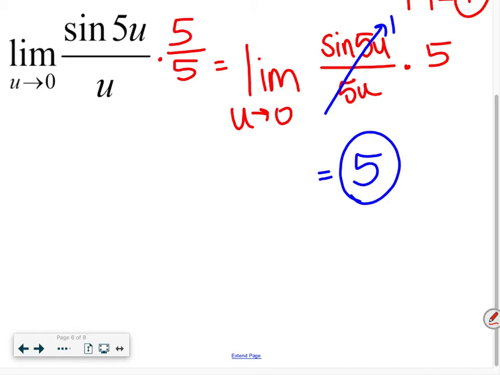I'm sorry, I thought you were talking about this guy. This 5, yes, you could rearrange that and put that in front. I am sorry I misunderstood your question. This 5 is stuck in there. There's too many 5s floating around here.